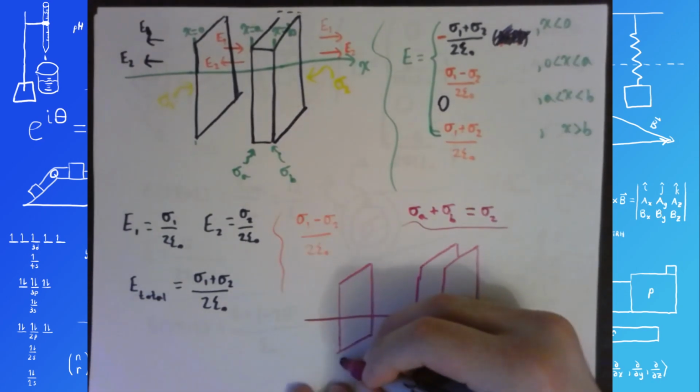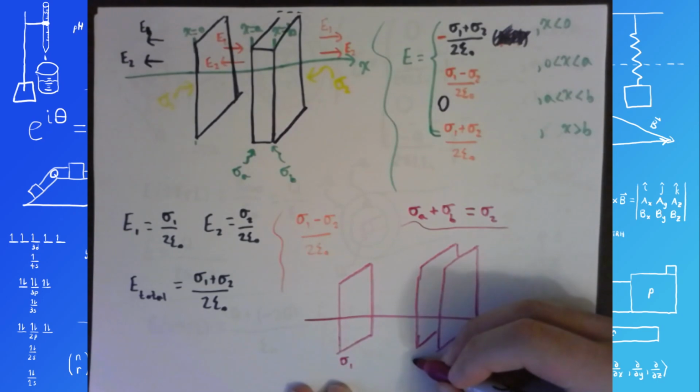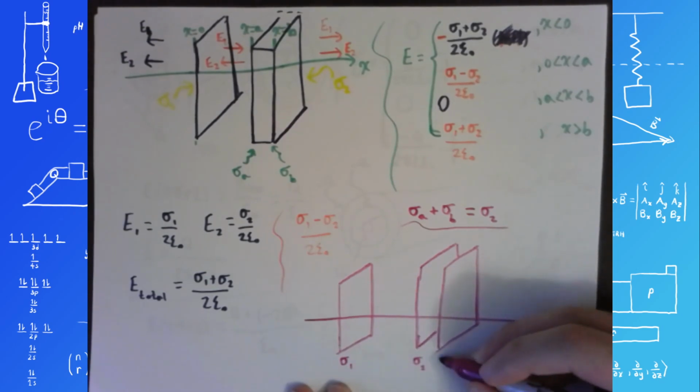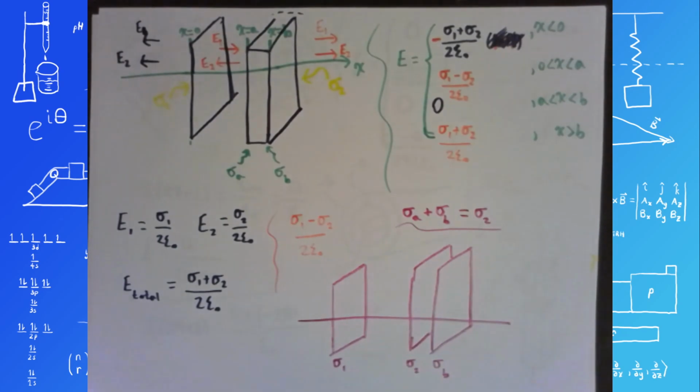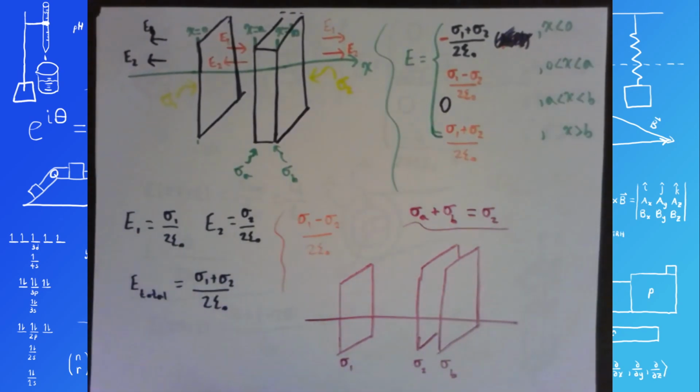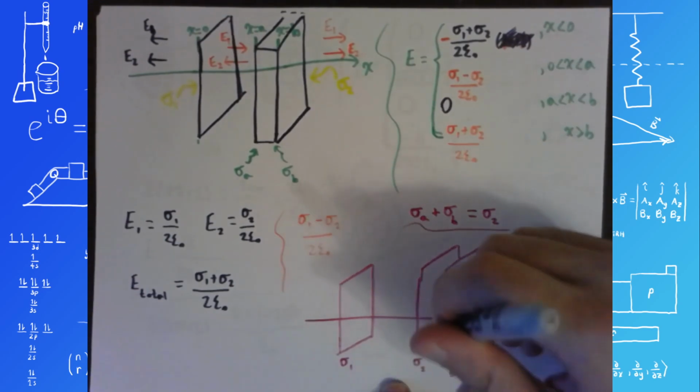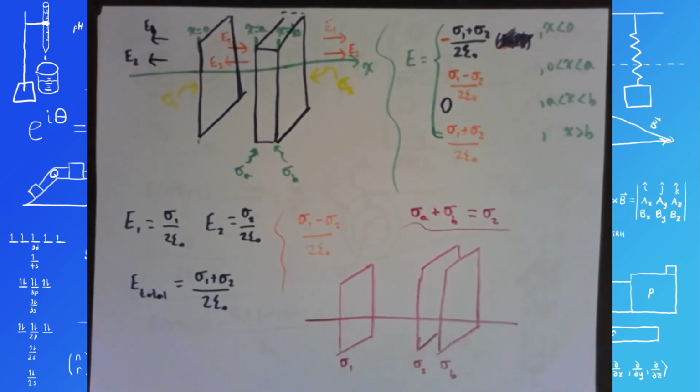So sigma 1, sigma A, and sigma B. The only region of interest I'm going to focus on this time is just right here between... Uh-oh, did I write a 2 there?